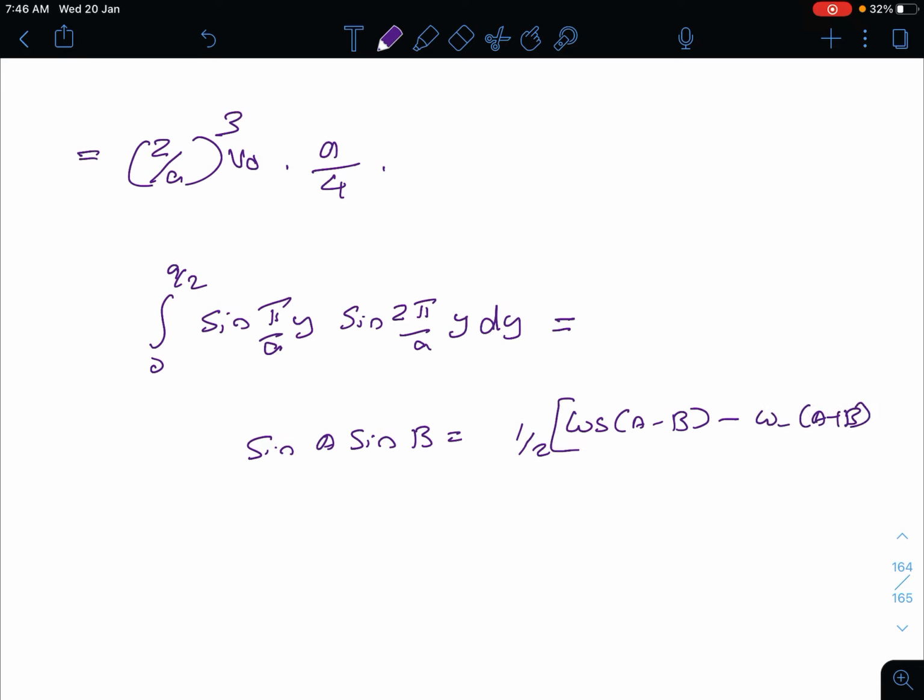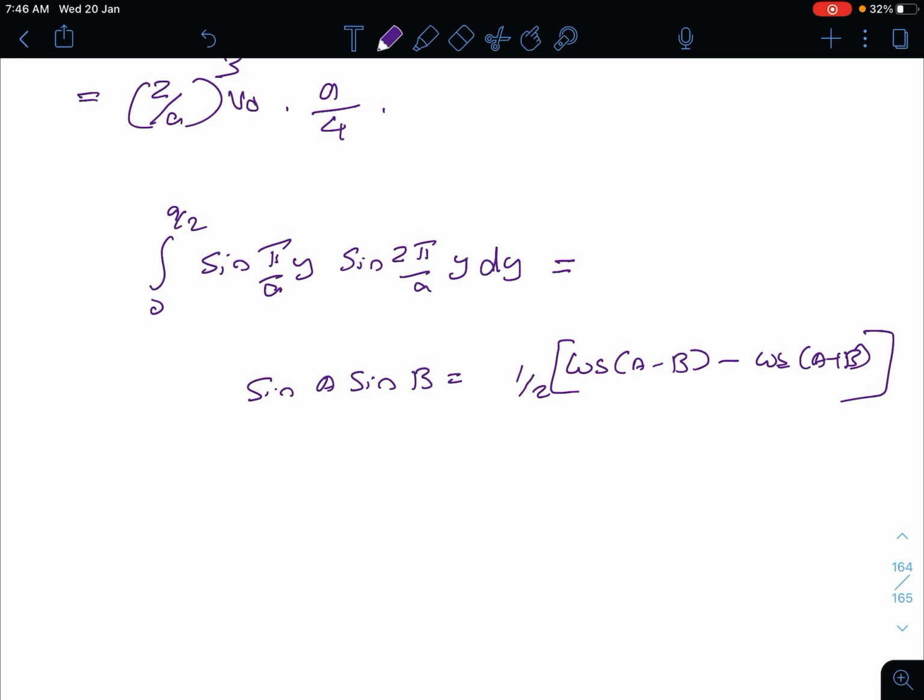On doing this, integral 0 to a by 2, this is half, cos a minus b, cos minus x is equal to cos x, so cos pi by a y, minus cos 3 pi by a y, dy.